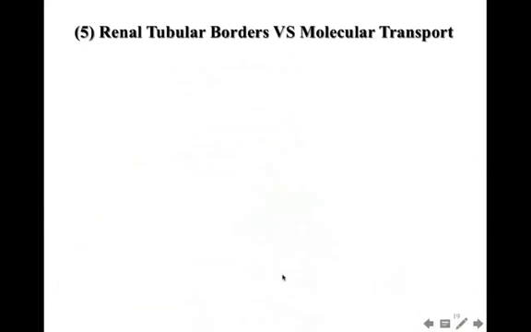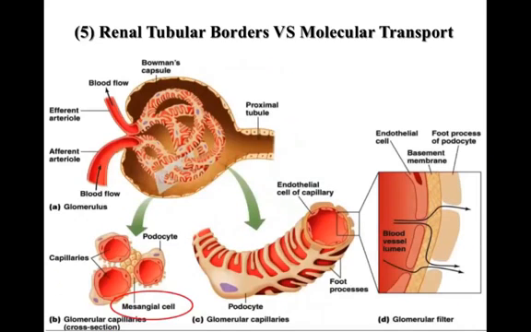Now let's talk about the transport of molecules across the glomerular capillary or glomerulotubular membranes. There are 3 glomerular membranes: the capillary endothelium with wide pores about 70 to 90 nanometers in diameter called fenestrae, and clearly they forbid the passage of large molecules across it.